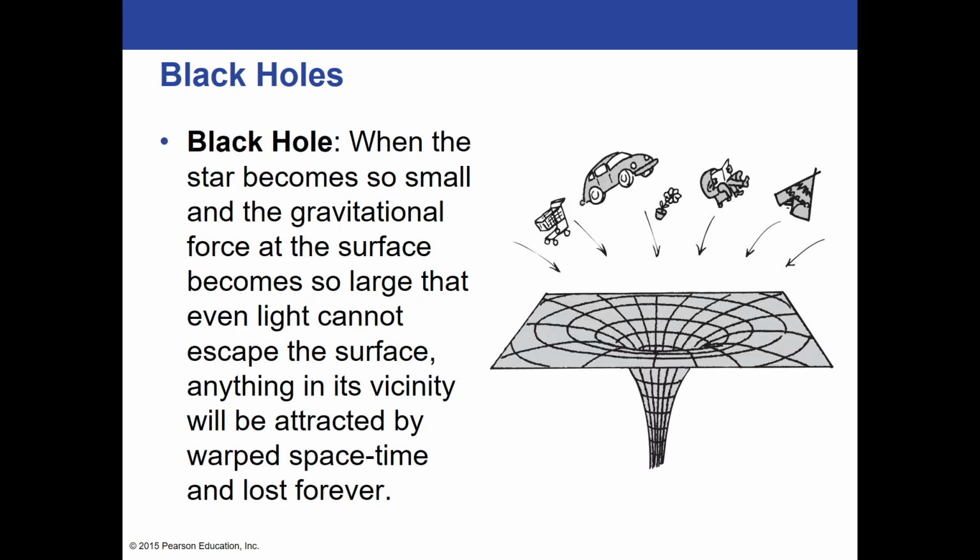Black holes are when the star becomes so small that the gravitational force becomes sufficiently strong that not even light would be able to escape. Anything in the vicinity would be attracted by warped space-time and be lost forever.